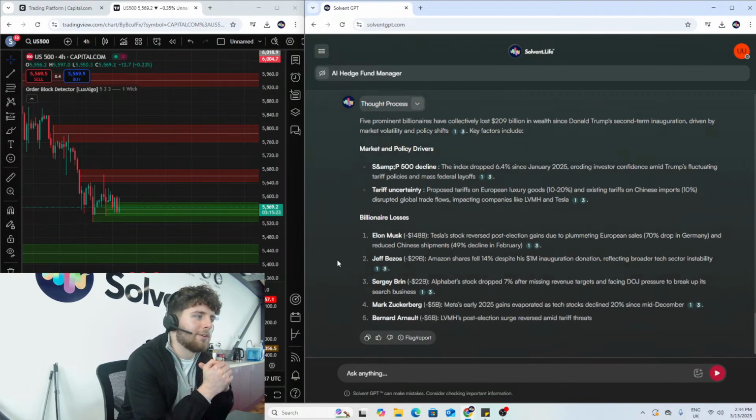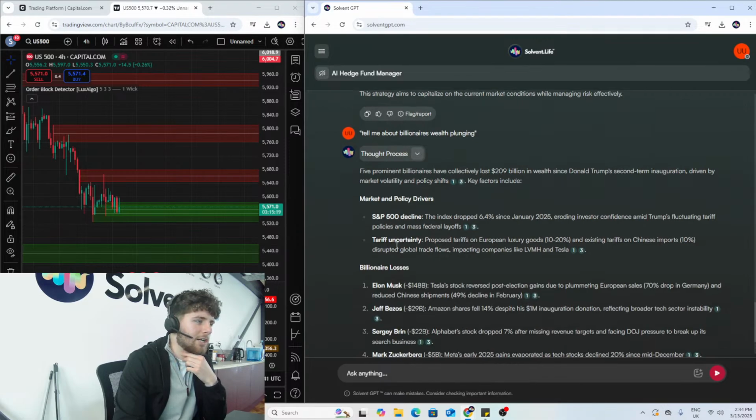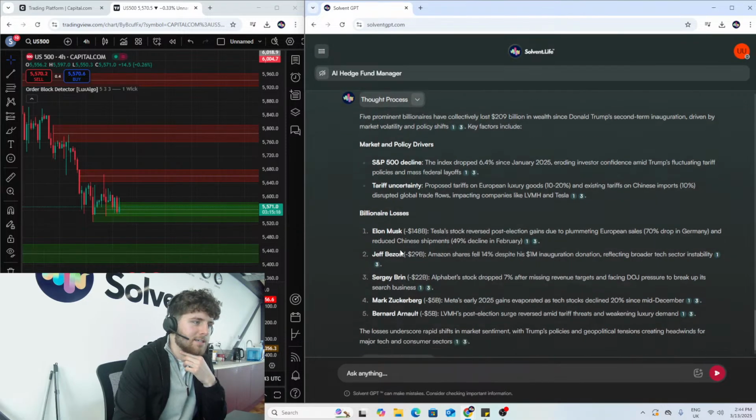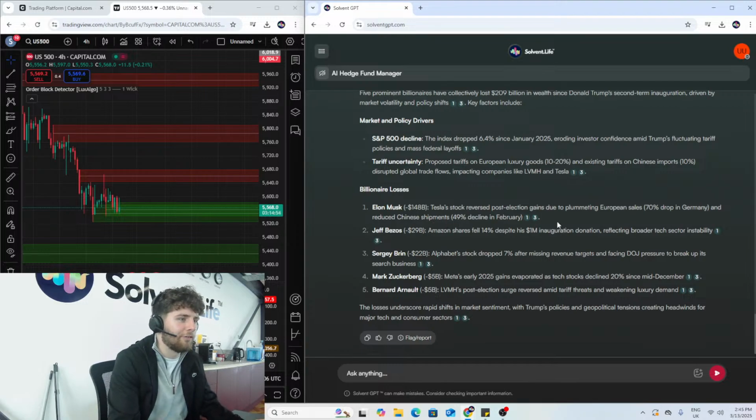Billionaire wealth plunging. So this is due to not only the S&P 500 decline, but also tariff uncertainty. So top 5 billionaires have lost a huge amount of wealth. Elon Musk has lost $148 billion due to post-election gains plummeting, European sales down 70% in Germany, and reduced Chinese shipments, which was a 50% decline in February.